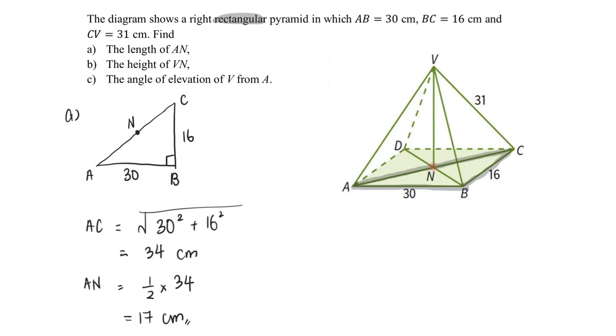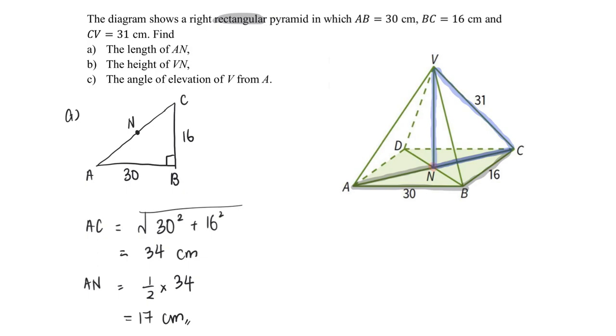Okay, I hope you can see that since this is a right rectangular pyramid, then I need you all to see this particular triangle that I'm going to highlight in blue since we are talking about VN.